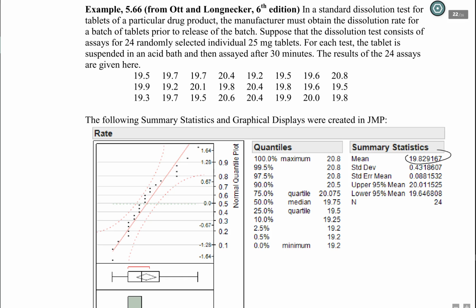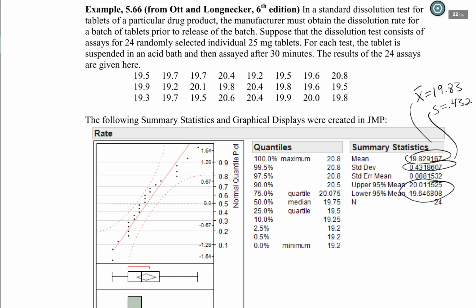The average dissolution rate for the sample was 19.83. The standard deviation, S, for the sample is 0.432. And one cool thing within JMP, we even automatically get this confidence interval on the population mean.